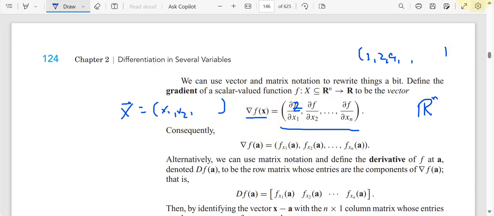So this is just a nice handy list, and we read this thing as the gradient of f. The gradient of f is just all the partial derivatives put into a handy list, which actually is a vector.